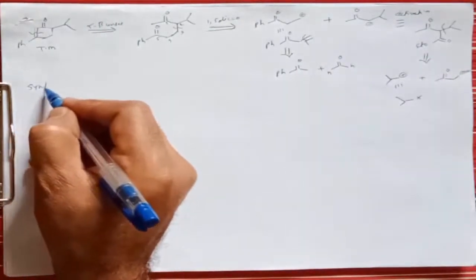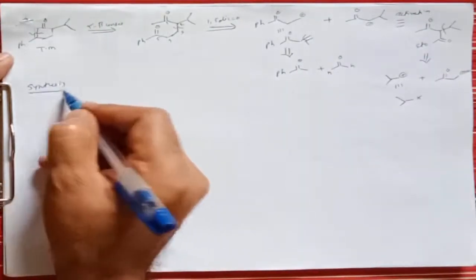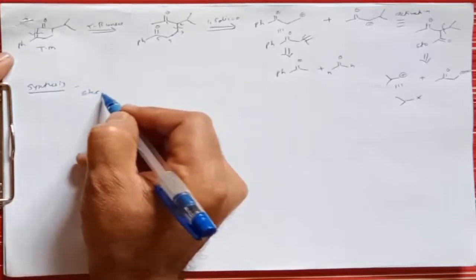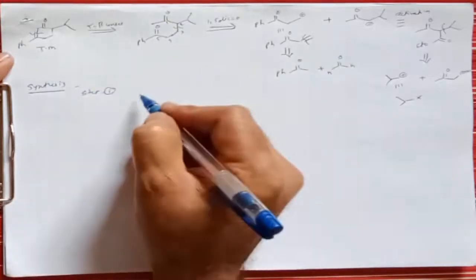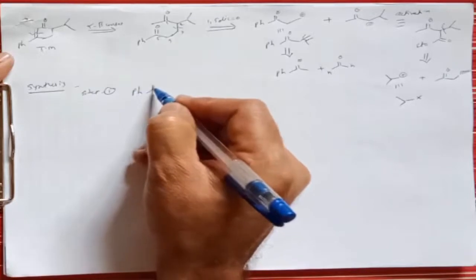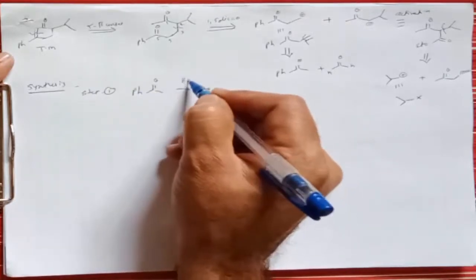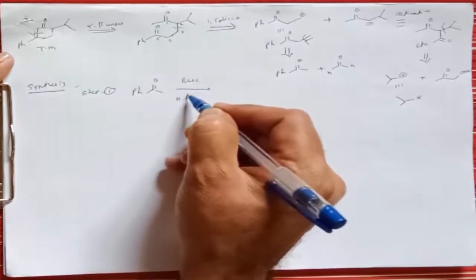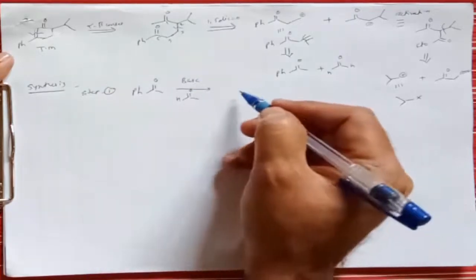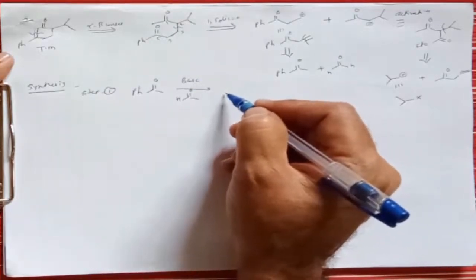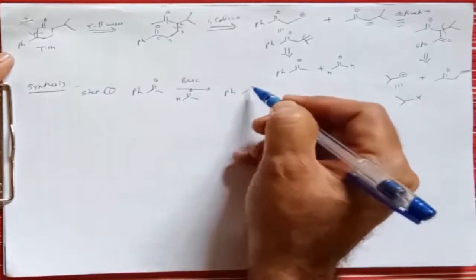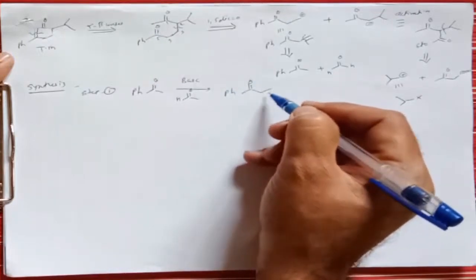Synthesis. In step 1 we can prepare this molecule. We take acetophenone, and this acetophenone is treated with base and formaldehyde. Then the reaction goes with formation of such an alpha-beta unsaturated system.